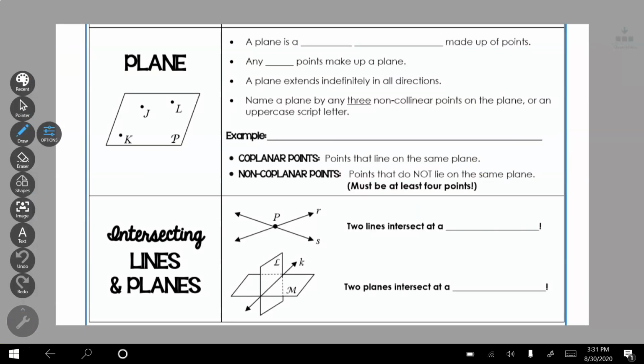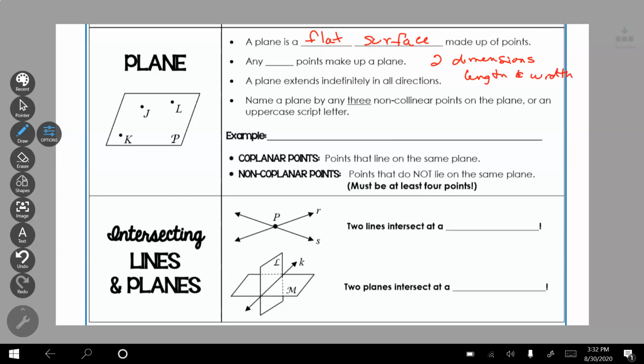Okay, the next thing we're going to look at is a plane. A plane is a flat surface, kind of like a piece of paper. Not exactly, because a piece of paper does have thickness to it. A plane technically does not. A plane is only 2 dimensions: length and width.